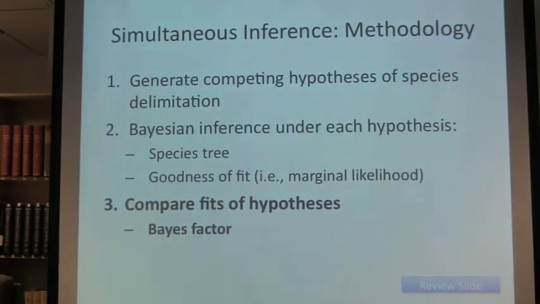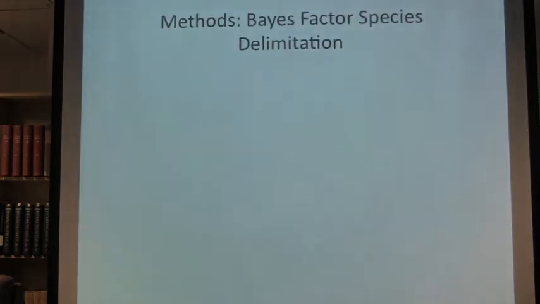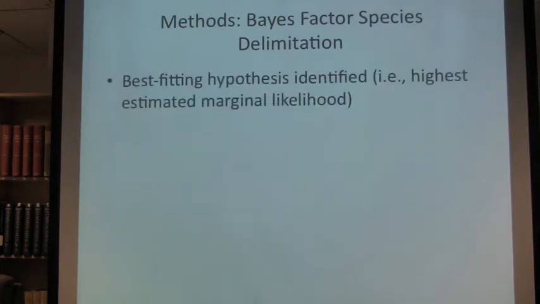So now that we have our goodness of fit generated, I compared these goodness of fits using the Bayes factor. First, I identified the best fitting hypothesis, meaning whichever hypothesis had the highest estimated marginal likelihood under each estimator.